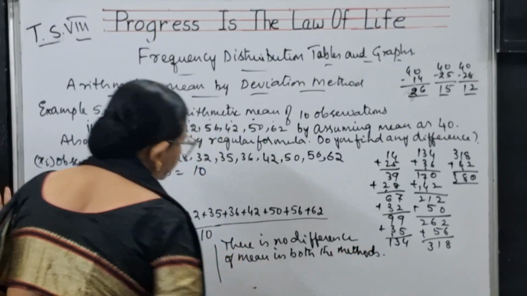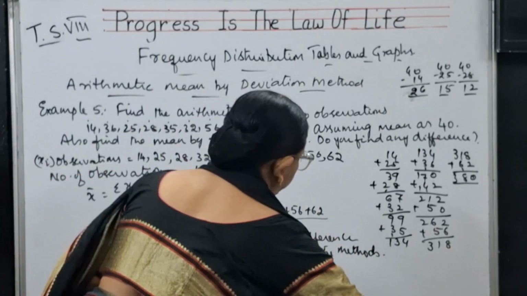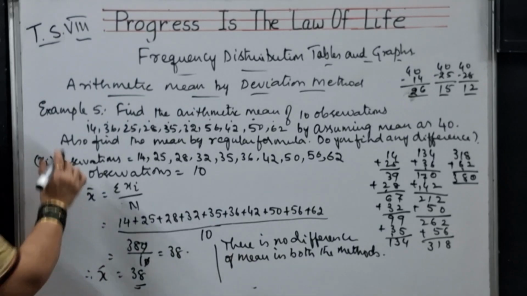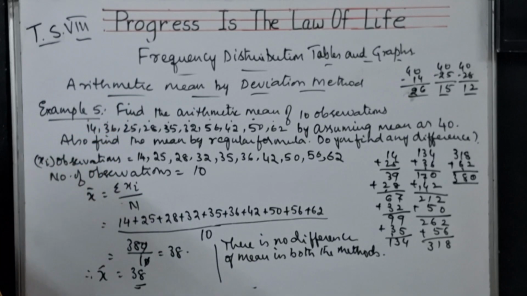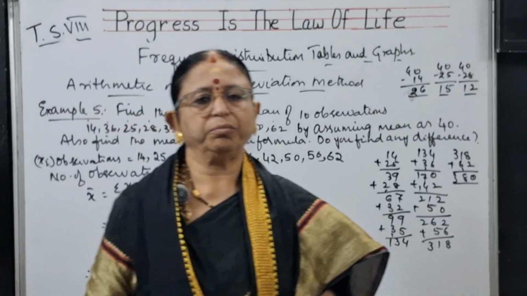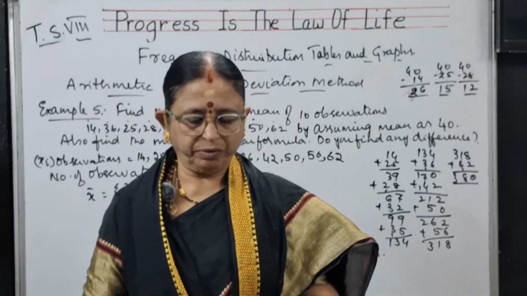In both the methods, you are not finding any difference, children. So this is the problem of example 5. Please note it down. With this, I am going to conclude my topic. In the next class, I will be doing the next part.